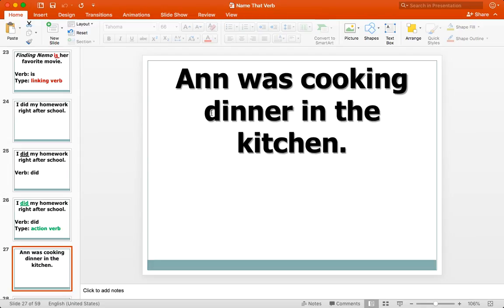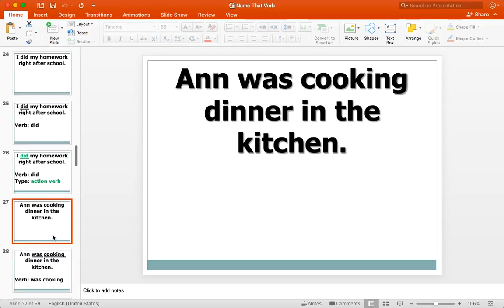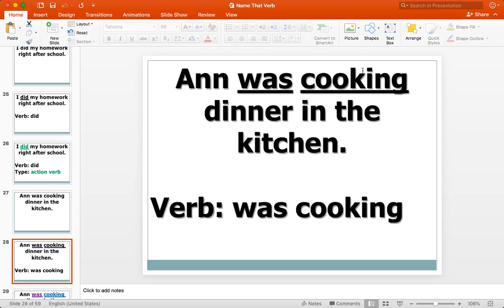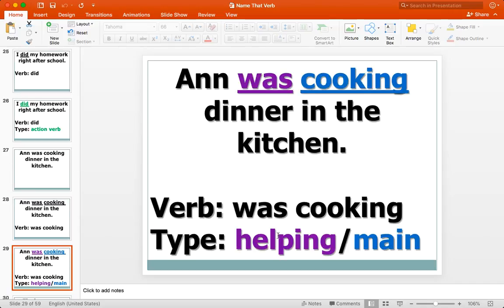Anne was cooking dinner in the kitchen. So, Anne is the subject. What was she doing? She was cooking. Is cooking an action? Yes, it is. So we have was cooking is the verb, and it's a helping verb with the main verb.